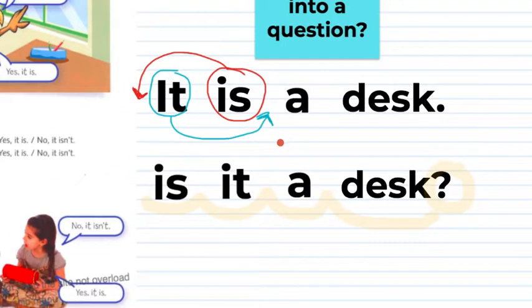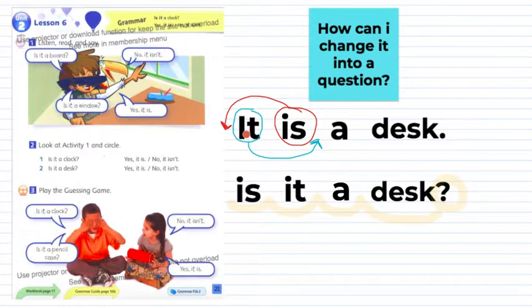So for this, it's really, really simple. If you notice, you have the verb right here. If you remember the structure of the sentence, we said that this is the subject, this is the verb, and this is the complement. So for this, it's really, really simple. We have to change the verb to the beginning, and we have to change the subject right here, okay?